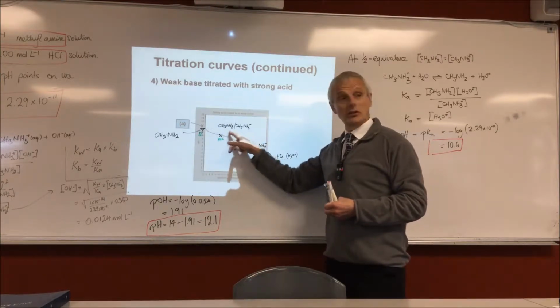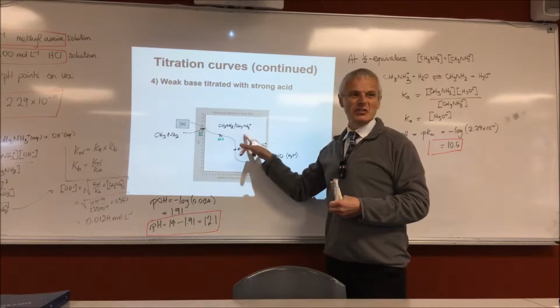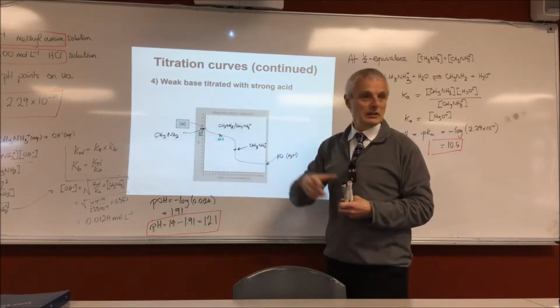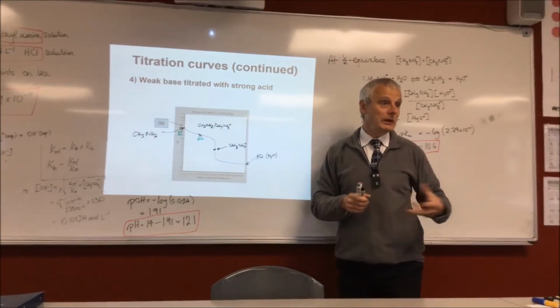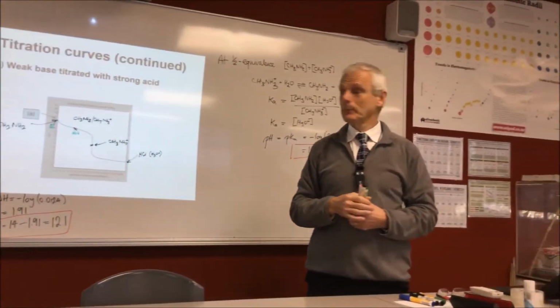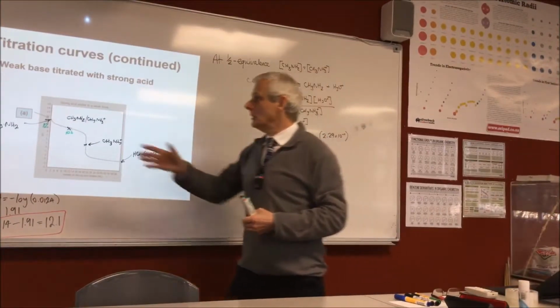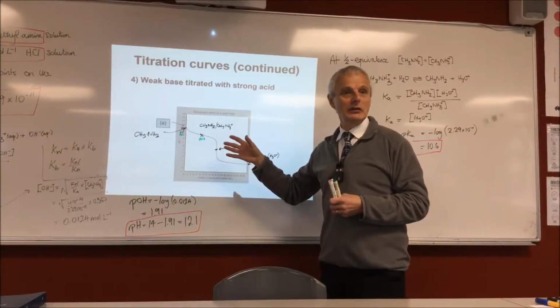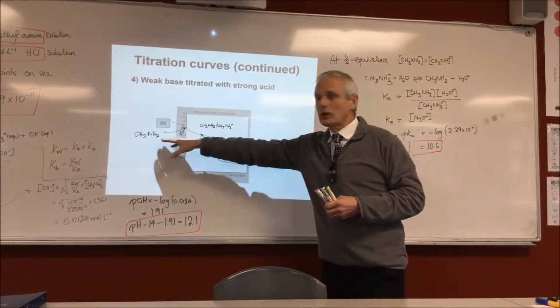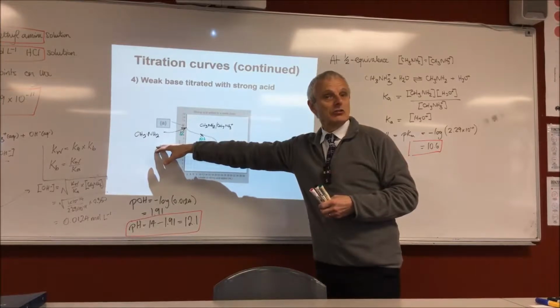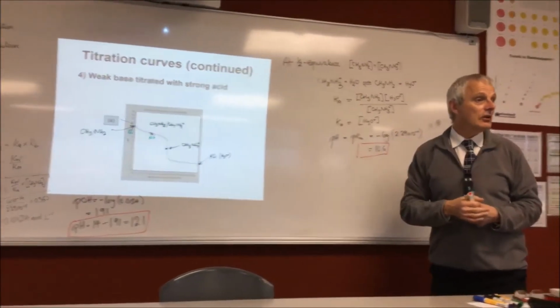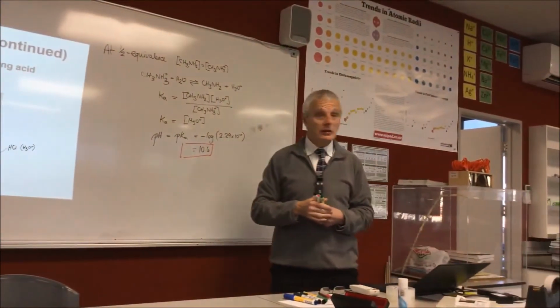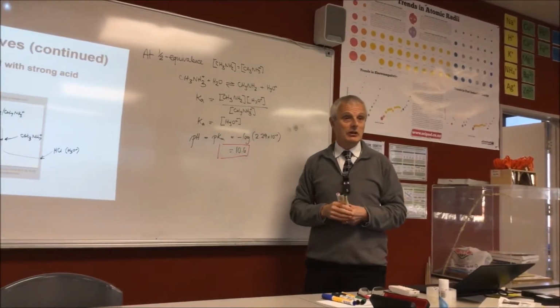Here you could do it either way, but it's easier to do it with the acid because you've been given Ka. You're always given Ka, or pKa, because ultimately, you're doing a calculation of pH, so you need something that relates the concentration of whatever is reacting in the solution to the concentration of H3O+ or OH-. And that's what the Ka or Kb does.